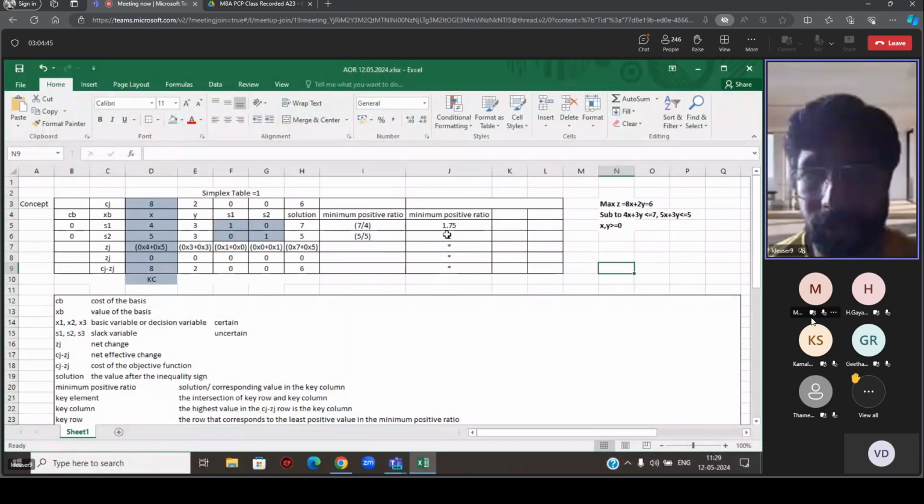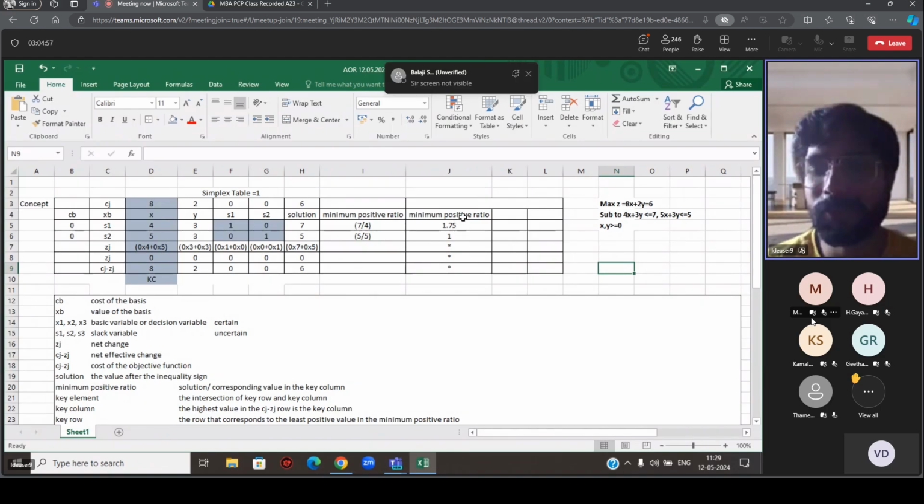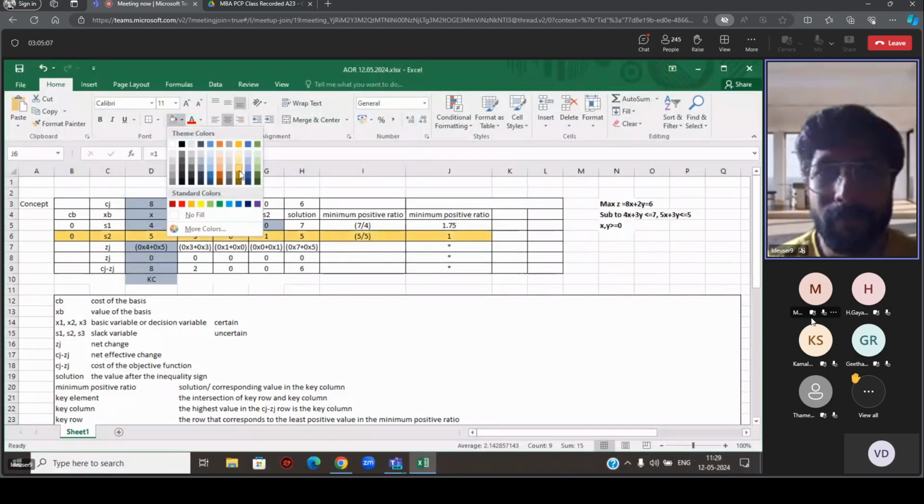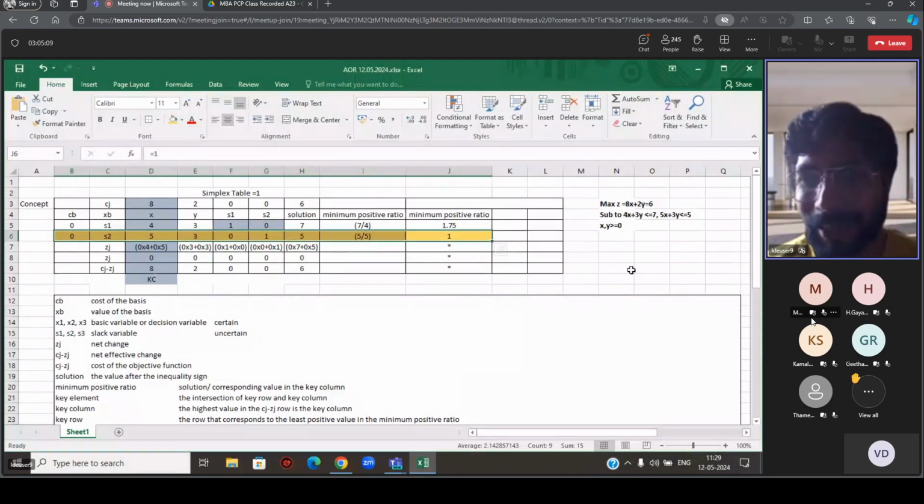Now you see here, both are positive, so there is no negative term. Which is the minimum between 1.75 and 1? 1 is the minimum. So that becomes my key row.